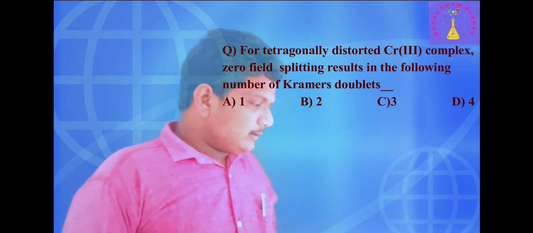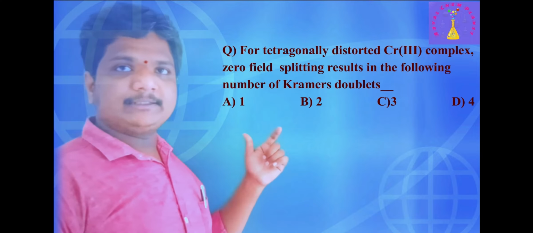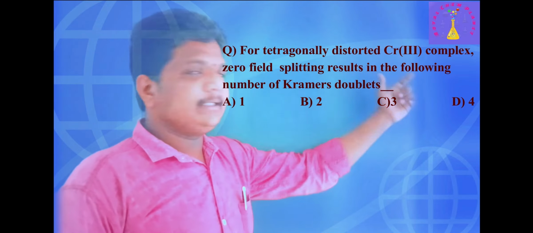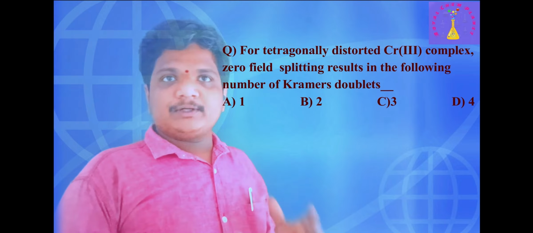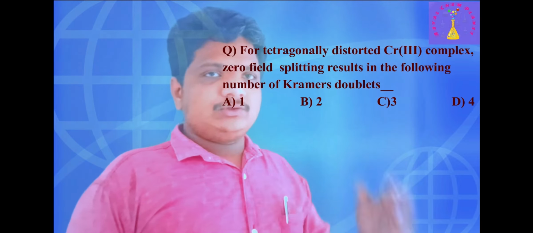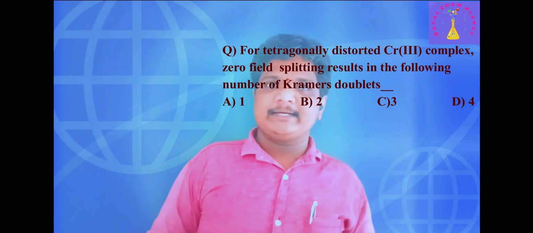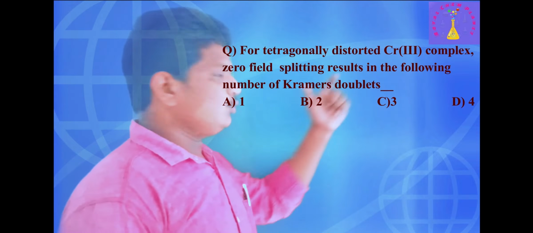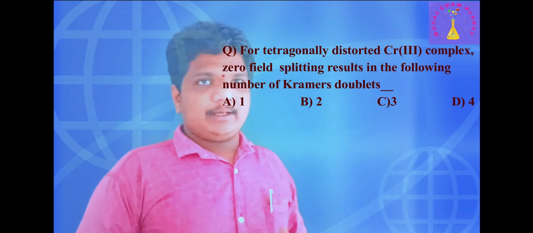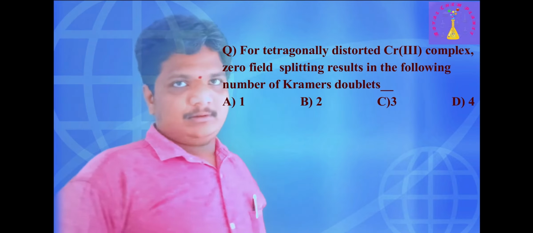They have given option A, that is 1, option B, that is 2, option C, that is 3, and option D, that is 4. Now which one is the correct option? This question was asked in the June 2013 CSIR examination for 2 marks. Now let us solve this question.